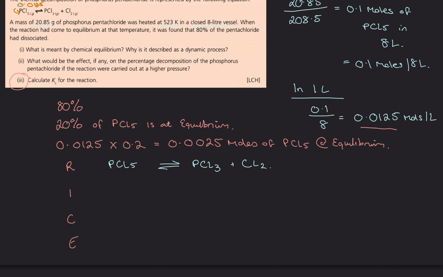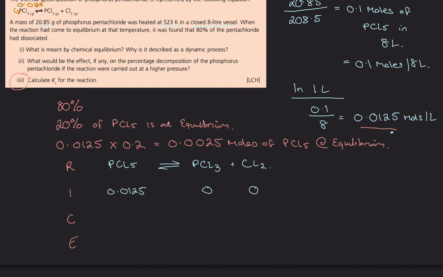Now your initial concentration, I, we can write in here. Initially, we had 0.0125, this guy over here, moles of the phosphorus pentachloride. And initially, we had 0 moles of these two guys because the reaction hasn't started yet.